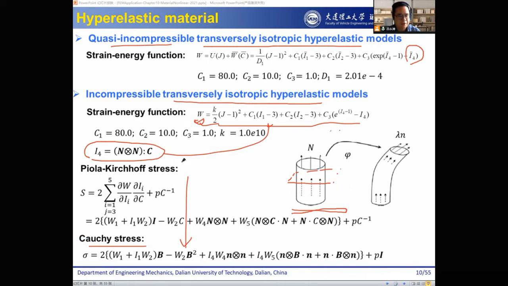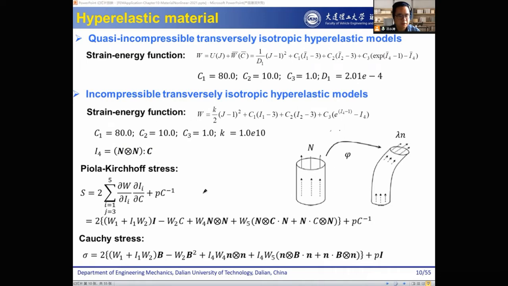The procedure is we have the strain energy function, then we derive the second Piola-Kirchhoff stress. This is in relationship with the strain energy function. And then from the second Piola-Kirchhoff stress, we work out the Cauchy stress. Okay, this is the Cauchy stress. So it is step by step. It is the standard procedure. Okay, and if you don't understand, you can find this procedure in many books, and you can read those books.